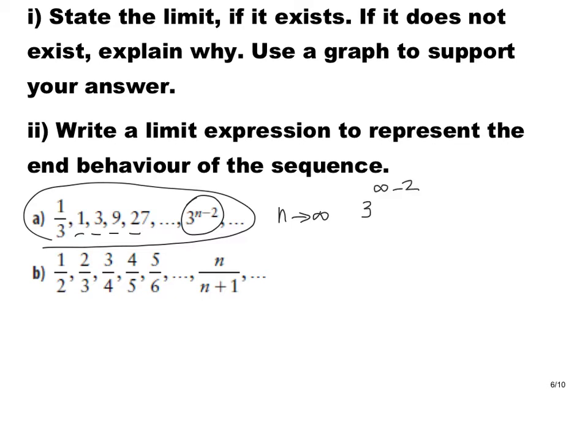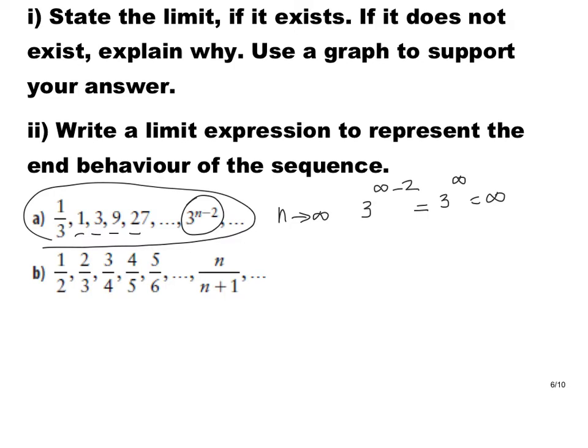Infinity minus 2 is the same as infinity. Any number exponent positive infinity is going to be infinity. So this means that this series is going to go toward infinity as n, or the number of terms, increases.